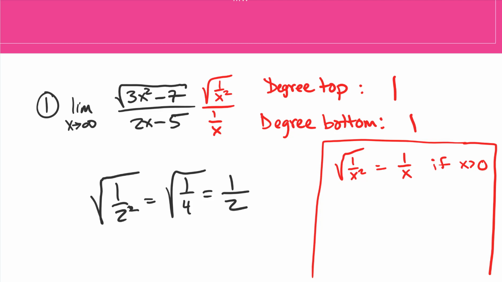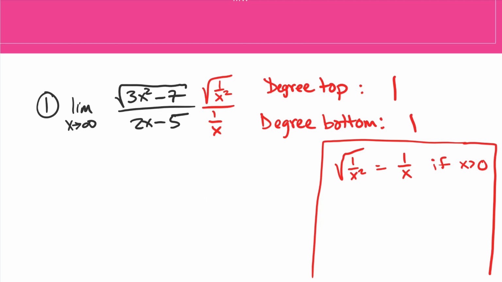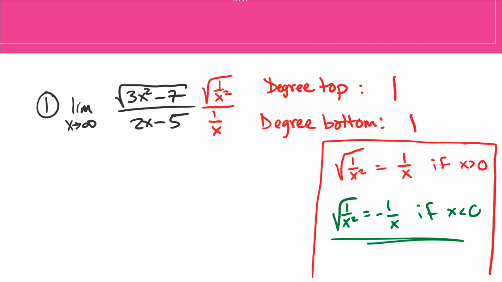Wouldn't that make sense? But then we're also going to have some weirdness. Oh boy, we're going to have some weirdness. We're going to find out that the square root of 1 over x squared is equal to 1 over negative x if your x is less than 0. Go back to that first video if this doesn't make sense to you, because we're going to play that game on the next one.